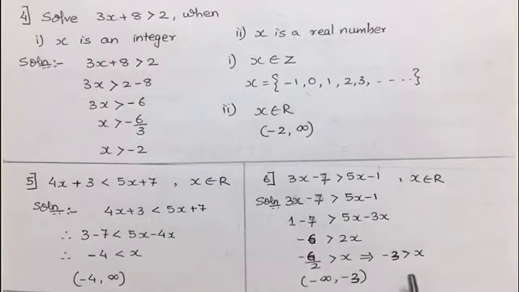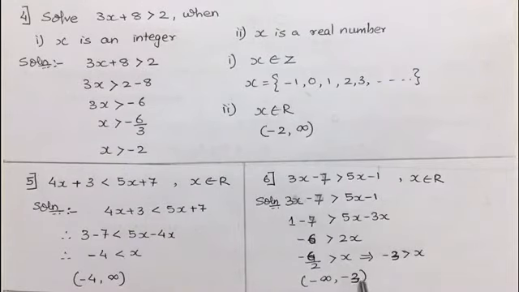So it will lie towards the left hand side of minus 3. The left side of minus 3 has all negative numbers. If you plot it on a number line, you will find we have to take the open interval minus infinity to minus 3.